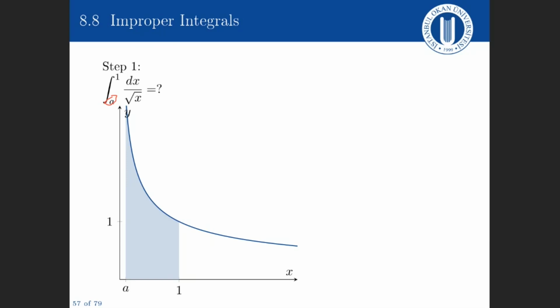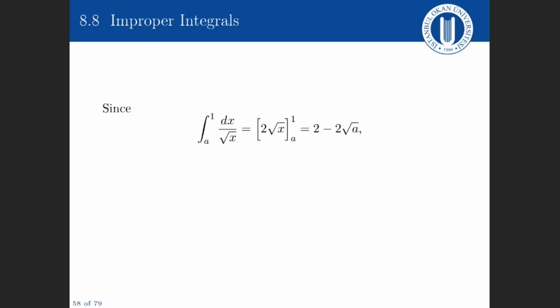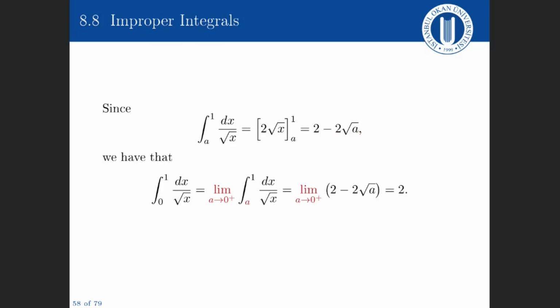We can calculate the integral between a and 1, and then we can take the limit, in this case the limit as a tends to 0 from the right. So that's the idea. The integral between a and 1, we can calculate: 2 minus 2 root a, and then take the limit as a tends to 0 from the right. We get 2. Let's look at the rules that are written in the textbook.